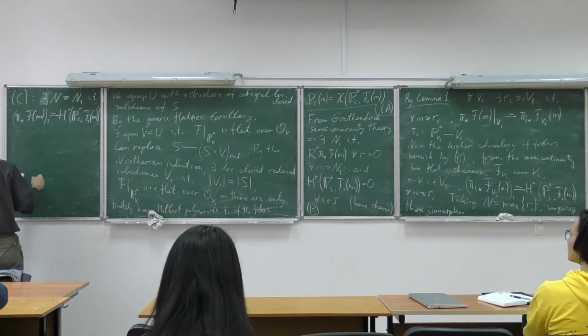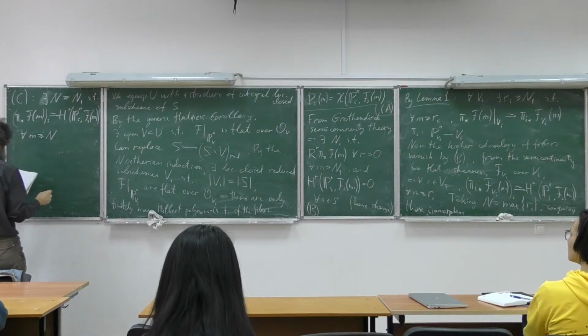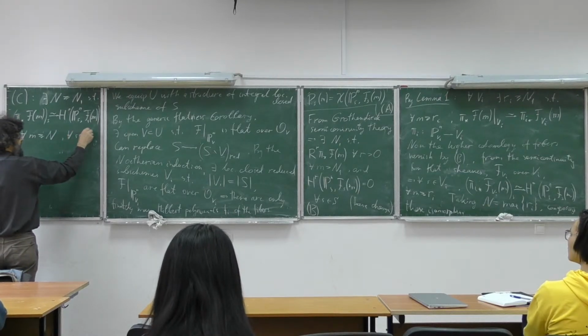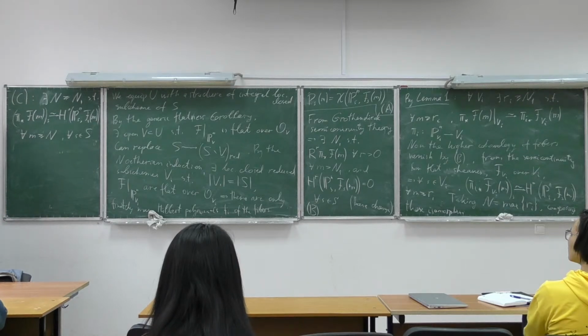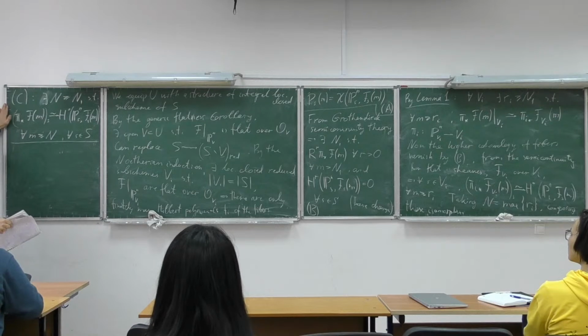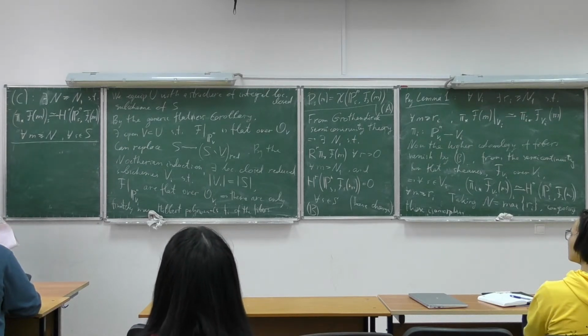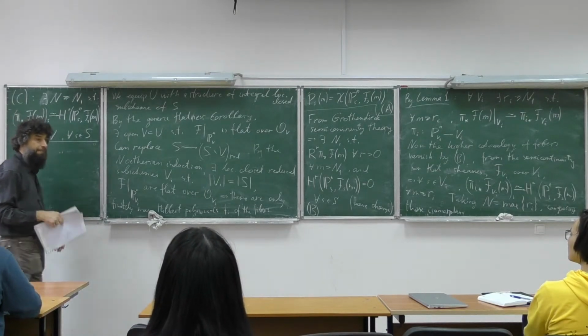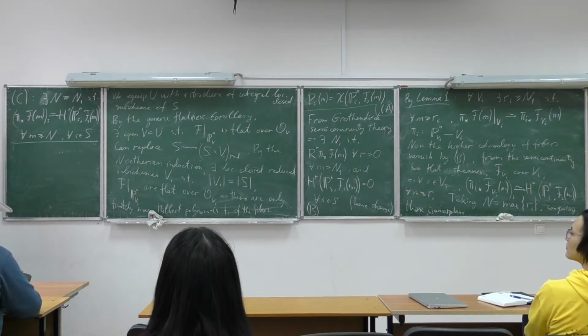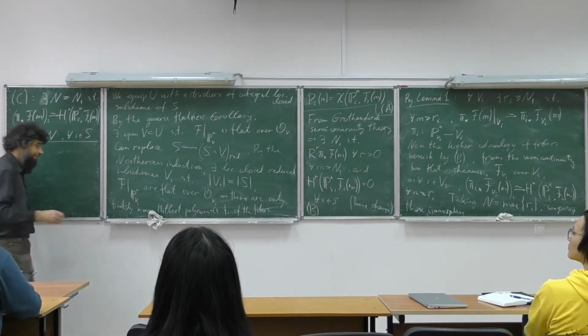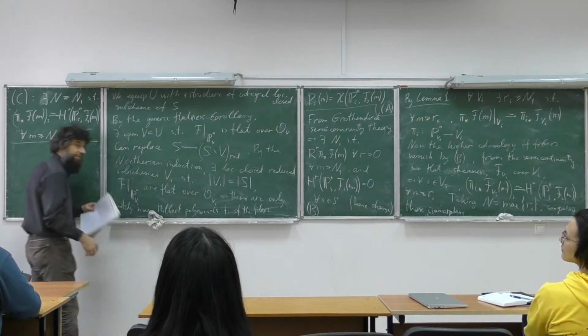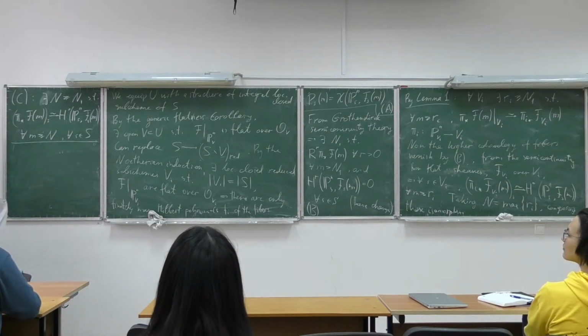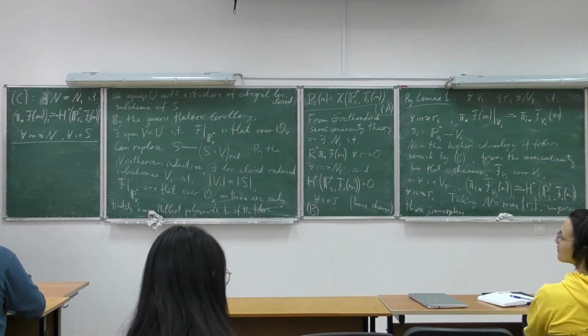This is for any m bigger than n, and for any fiber. That's it. Next time I will recall those properties A, B, and C, and from them we will deduce our theorem. Then we will be in a position to construct Hilbert schemes. Thanks.